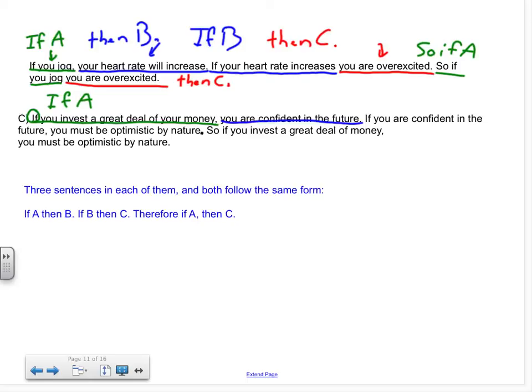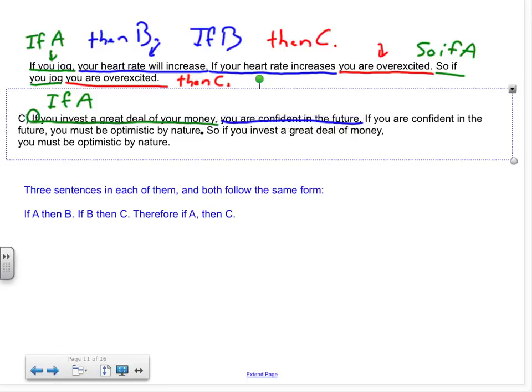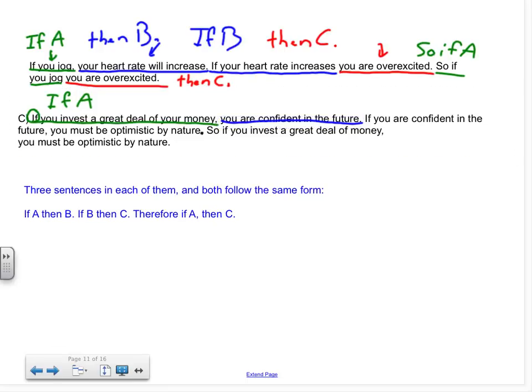Let's fix that so it's not hiding the confident. Oops. There we are. If A, then B, you are confident. If you are confident, so we're still talking about confidence in the future, so we'll underline that in blue.